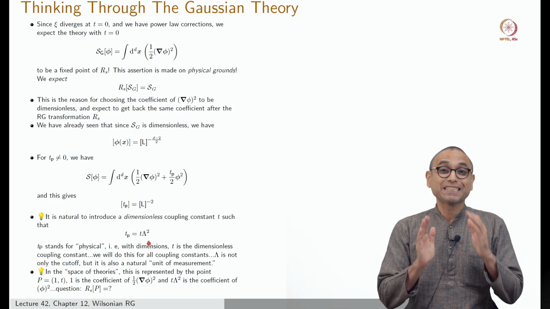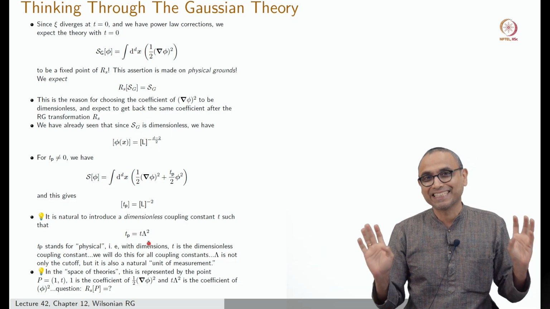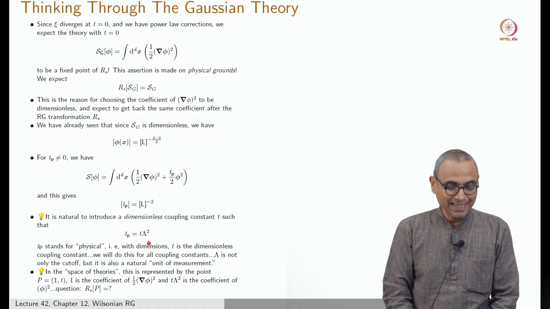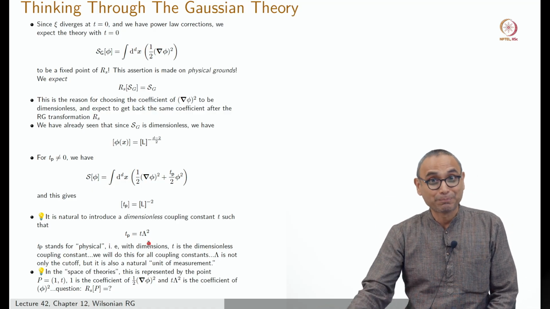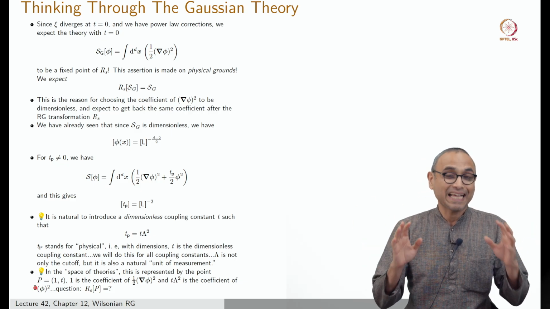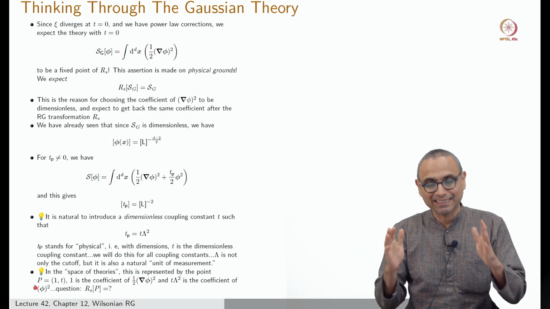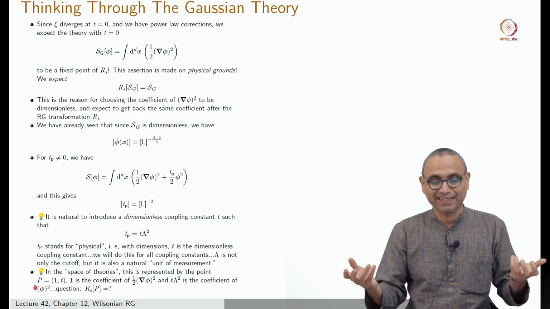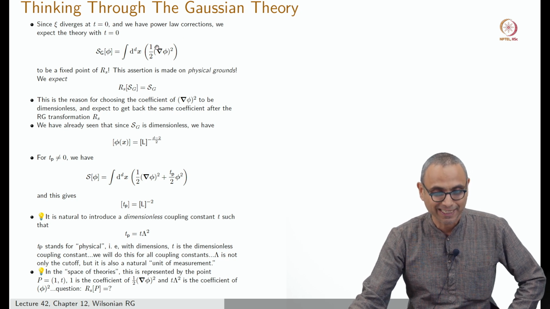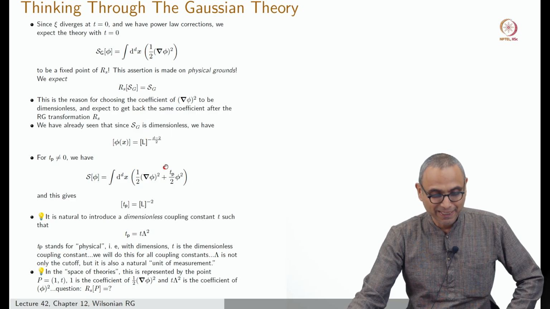So with this perspective now, we will agree that all coupling constants in the theory will be expressed in dimensionless language, and the point P that we talked about, all the parameters associated with that point, will be dimensionless. In this case there are two parameters: one is the coefficient of this gradient phi square, and the other is this t, which is t_p over lambda square.